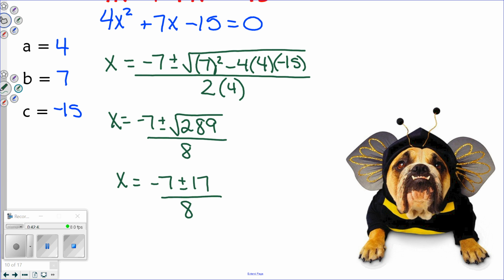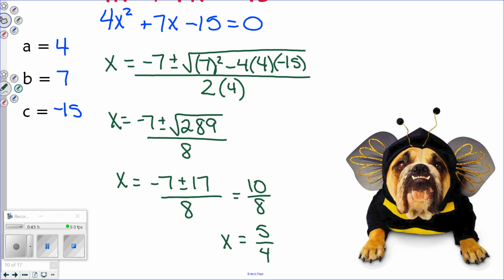So then the next step is do all 3 numbers divide by something. They don't. But do you have an i or a radical? No, that means they're like terms. And some of you caught on, which makes me so happy. What's negative 7 plus 17? 10, and that's over 8, right? Which becomes 5 over 4.